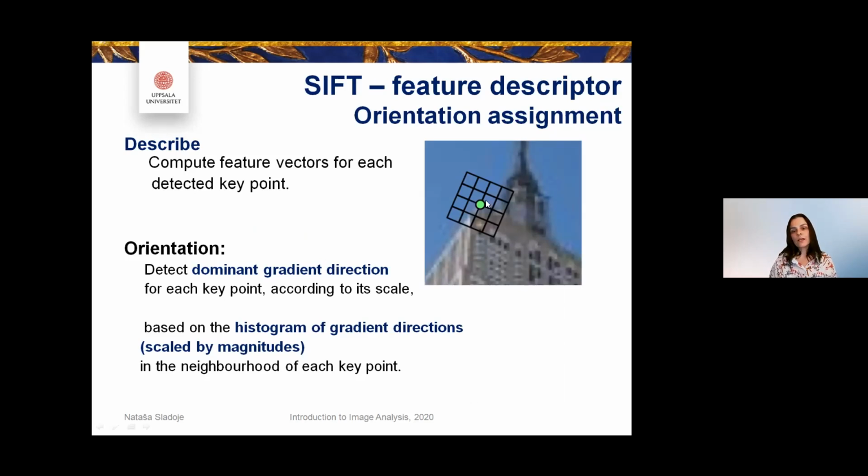So when we have a detected point, as described in the previous part of the algorithm, we are looking at a region around. We have a certain grid recommended to be, let's say, 4 times 4. We are looking at gradient direction in the surrounding region of the point.